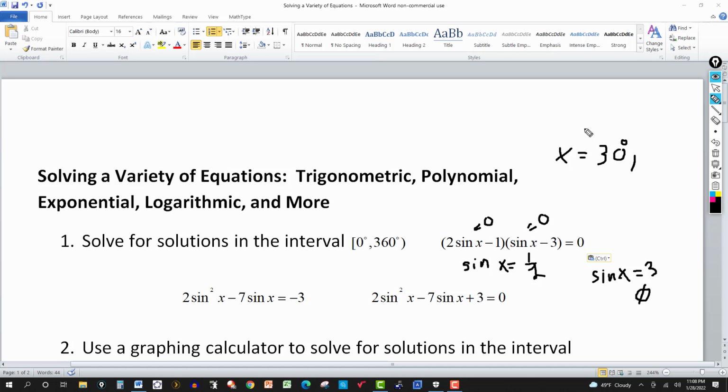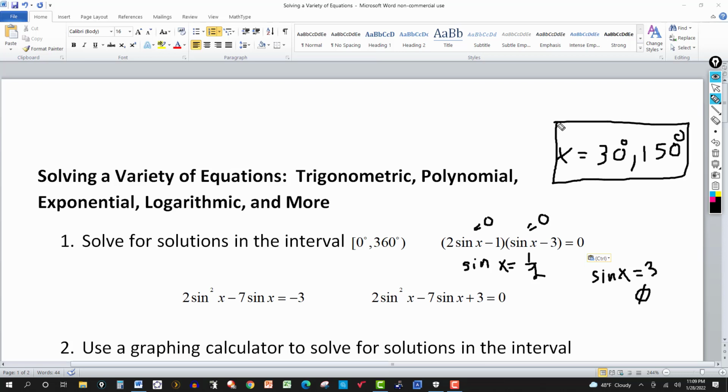So if theta is a solution, and it's acute, then 180 minus theta will also be a solution. So in this case, we have two angles in the interval from 0 to 360 that will work. 30 degrees and 150. So this is your solution.